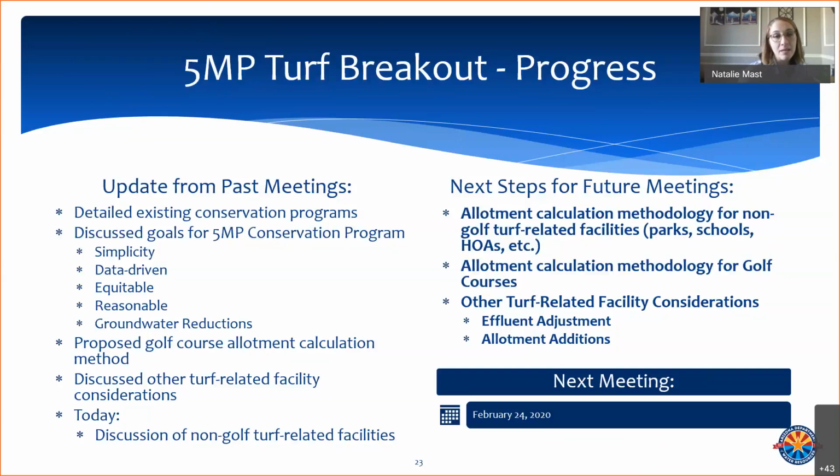As I said at the beginning of the meeting, we have been working through a whole lot of information in this group. We do really appreciate all of the engagement that we've had so far. We do intend at our next meeting or meetings to come back to the discussion of the golf course allotment calculation proposal, and also to the discussions of allotment additions and the effluent adjustment.